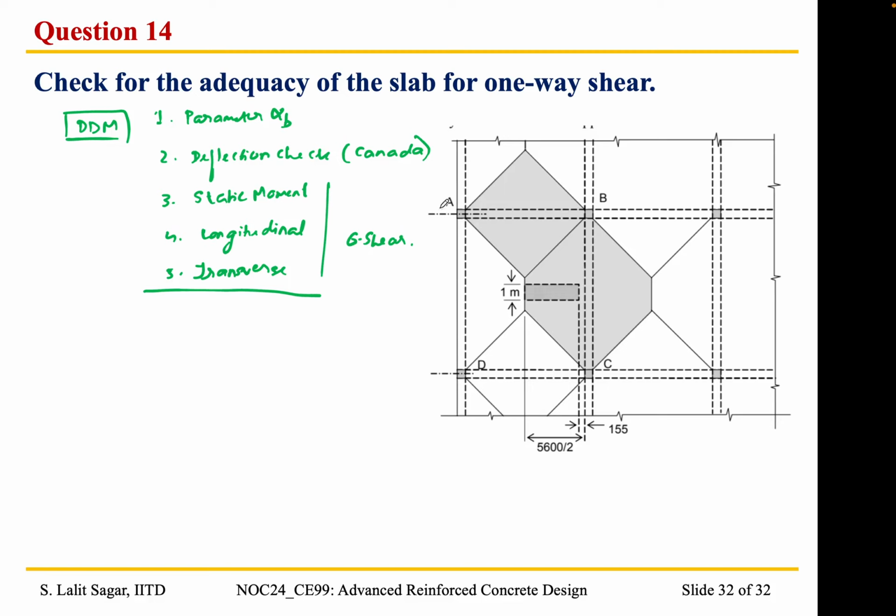So we know that for a two-way slab, this is how the distribution happens. The slab is divided into two triangles and two trapeziums, and the critical section is going to occur at a distance of d from the face of the beam.